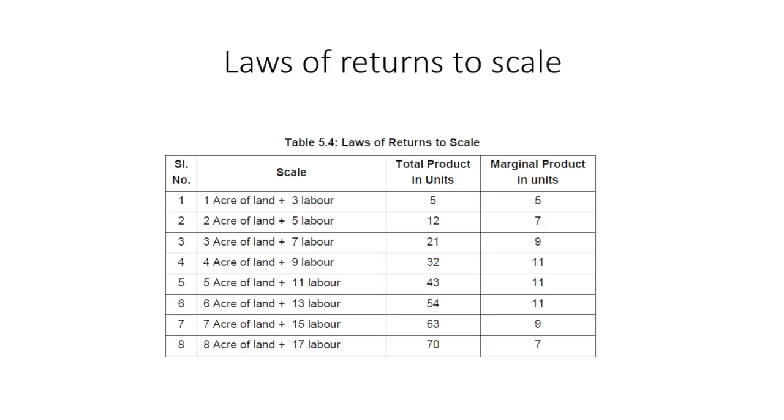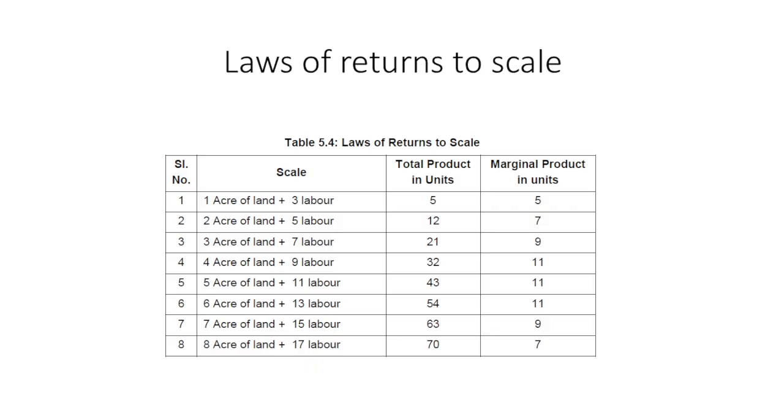But in this concept, in this law of returns to scale, both the factor inputs are increased in the same proportion, as you can see from the table. From serial number 1 to 8, the 1 acre of land is increased to 2, then 3, then 4, then 5, and 6, and 7, and 8.